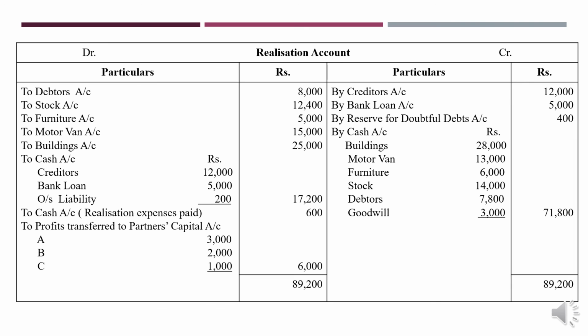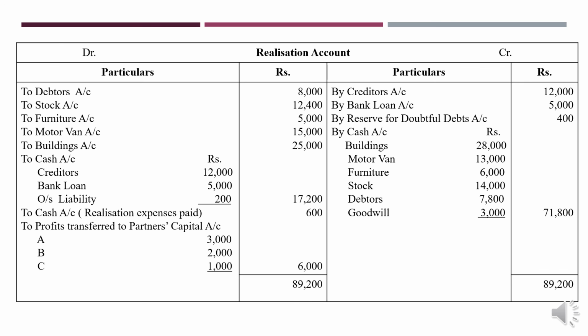So these are the only items in the realization account. How many are there? 1, 2, 3, 4, 5. Only 5 items come. It's very easy for you to remember.